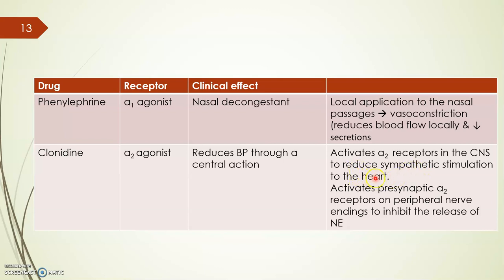And the drug activates the presynaptic alpha-2 receptors on the peripheral nerve endings, which will cause inhibition of the release of norepinephrine or noradrenaline.